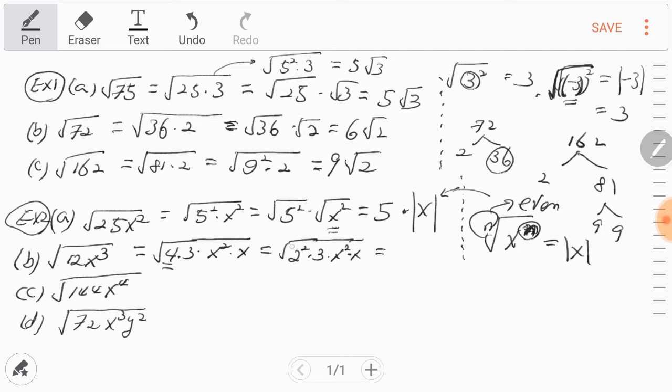Then from here, the 2 can get out and 3 stays inside. How about this x? You can take that x out, so we put the absolute value of x. And then the square root of what's inside: 3 and x stay inside.